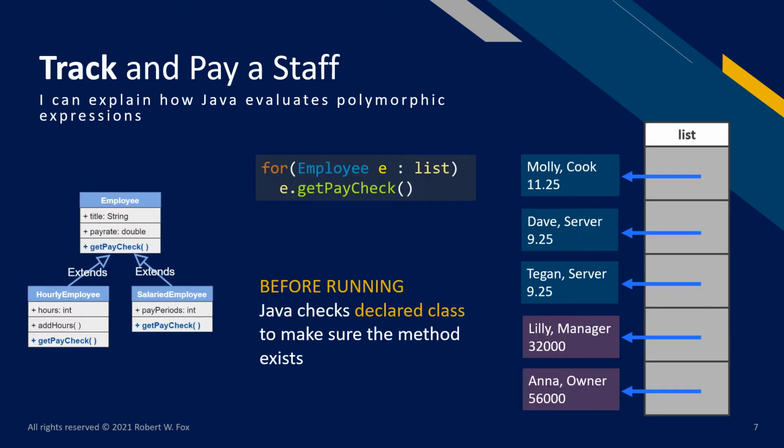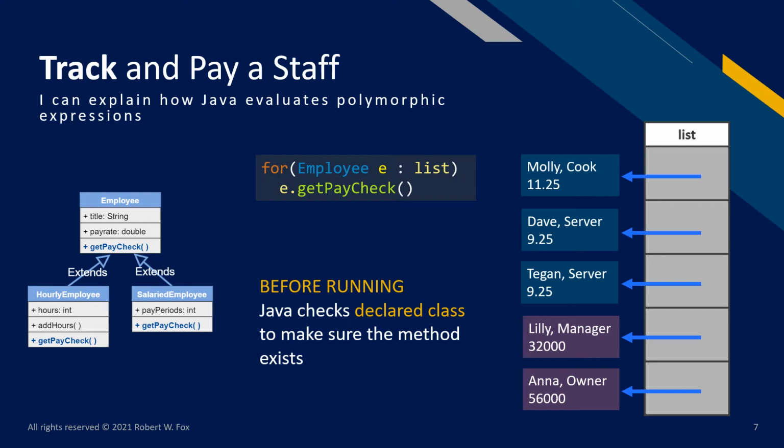On the right-hand side of your screen, you can see a graphical representation of our ArrayList. Remember, the declared type of the ArrayList is Employee, and so these blue arrows represent Employee references. However, the actual objects they point to are 3 HourlyEmployees and 2 SalariedEmployees. I color-coded them for clarity.